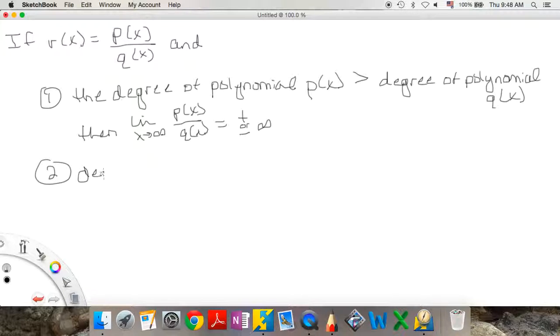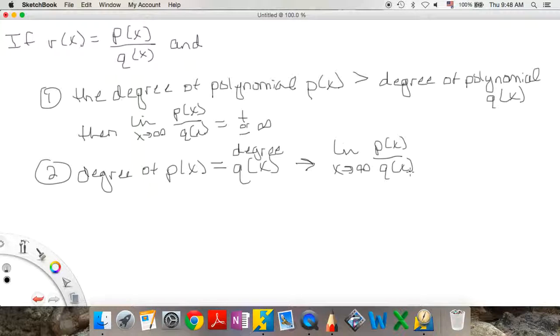If you have the degree of polynomial p of x is equal to the degree of q of x, then you have the limit as x goes to infinity of this rational equation, p of x over q of x, equals a ratio, cn over dn, where cn is the leading coefficient.